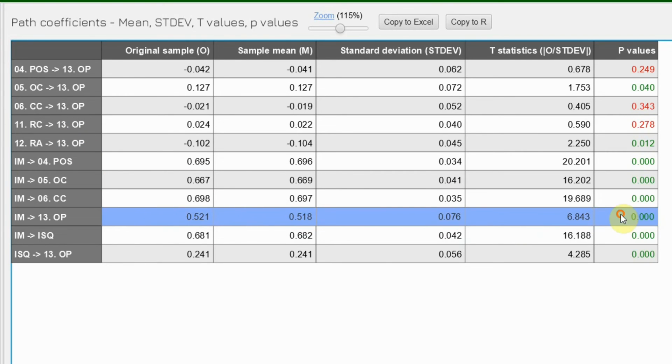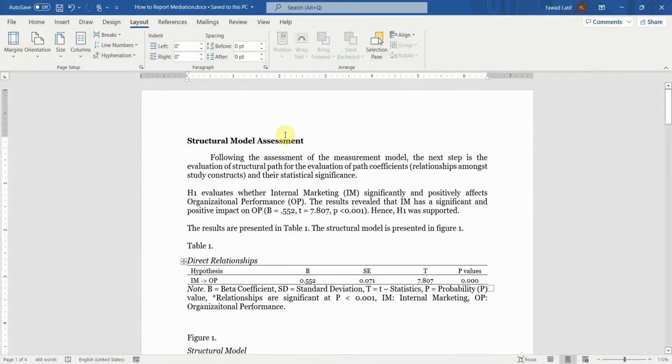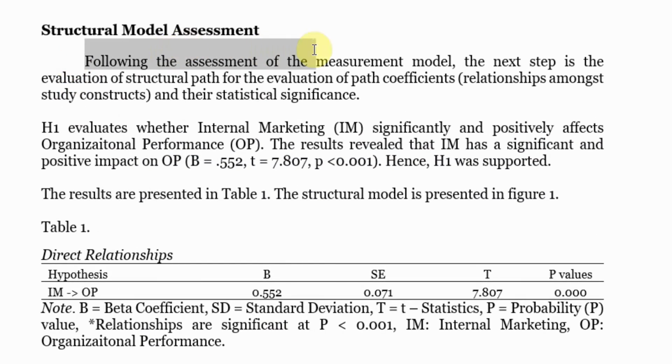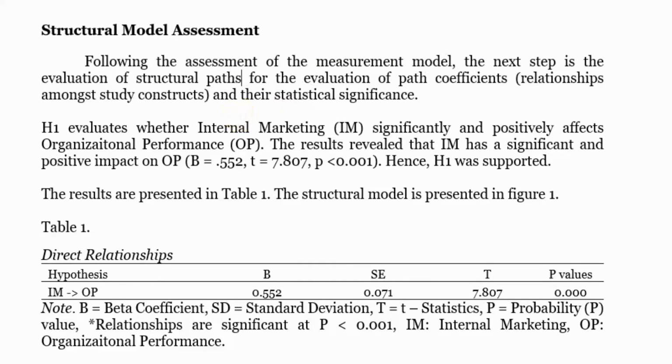So I've got an example here which I will use. Here it is. Now, following the assessment of measurement model, the next step is the evaluation of structural paths. For the evaluation of path coefficients, that is relationship amongst the study constructs and their statistical significance.